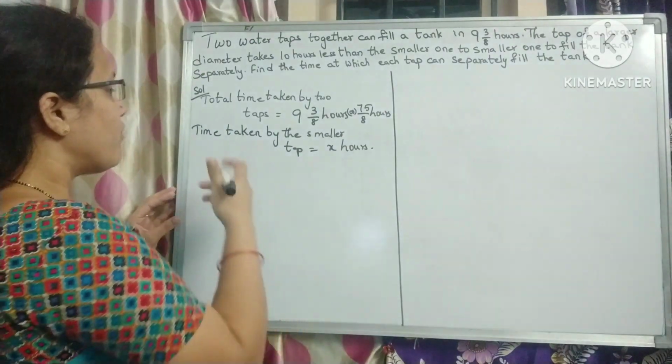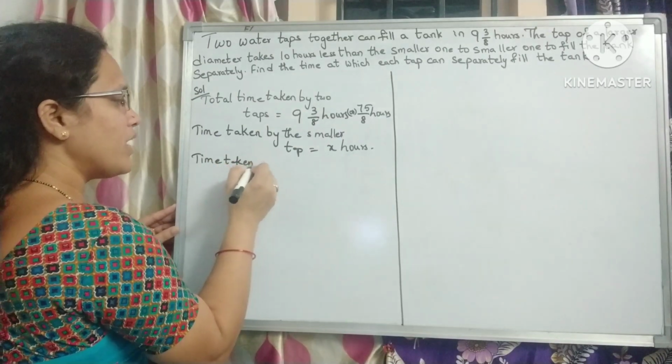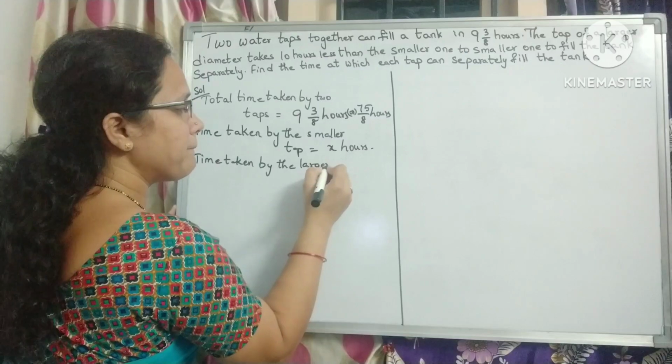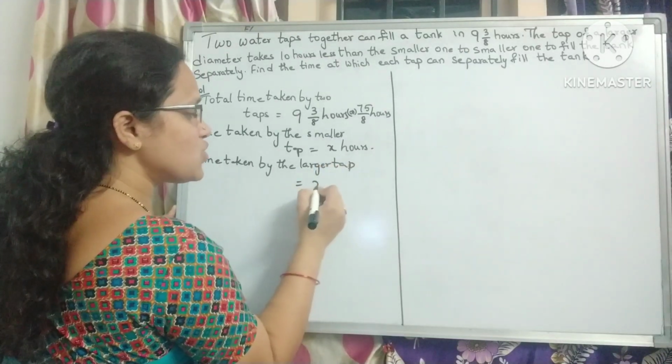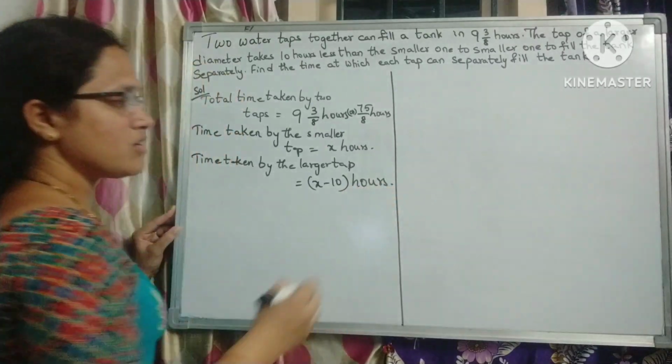Now, what is the time taken by the bigger one? The time taken by the larger tap is equal to x minus 10 hours. What did they tell us?